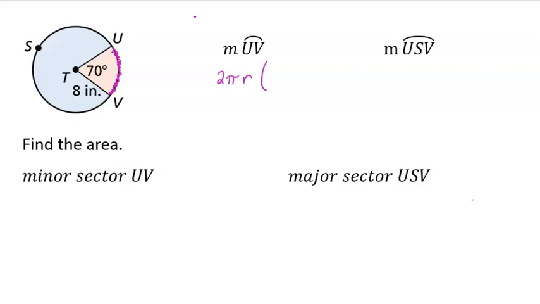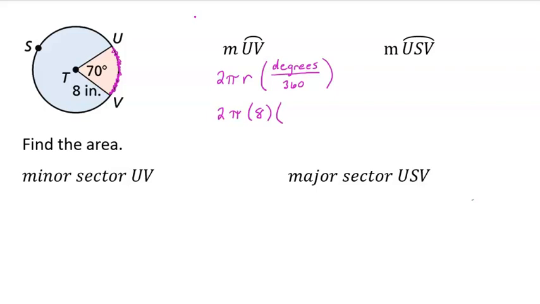And so that means I'm going to put the degrees over my entire circle, which is going to be 360. So in this case, I've got 2 pi times my radius, 8, and then my degrees.